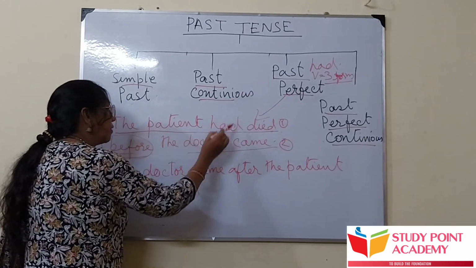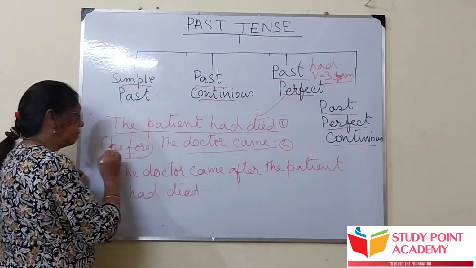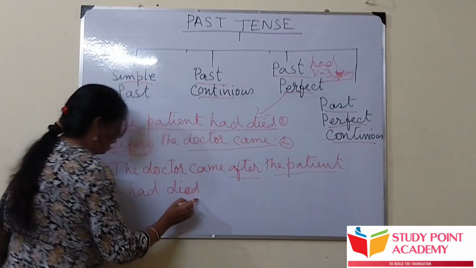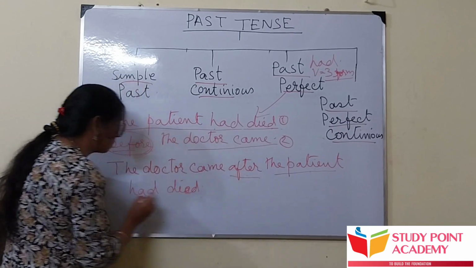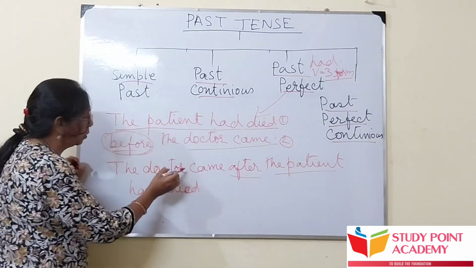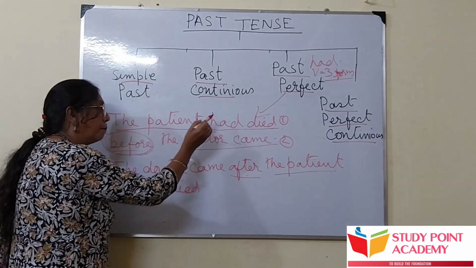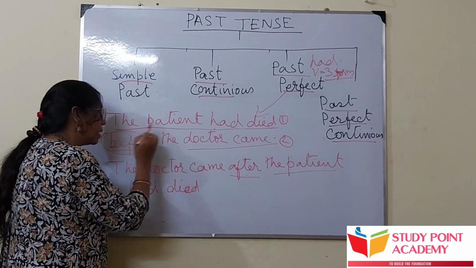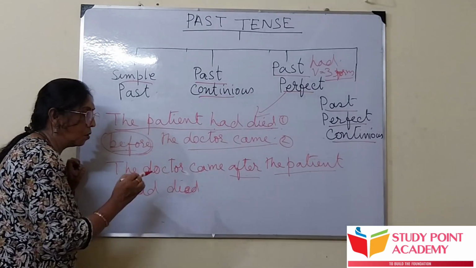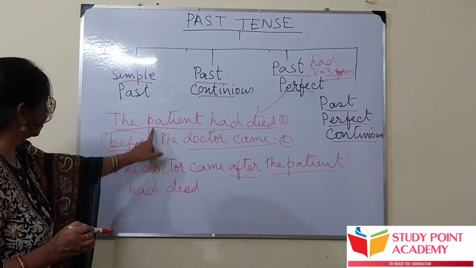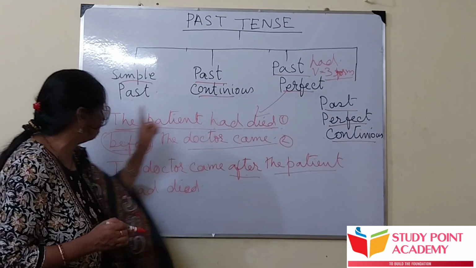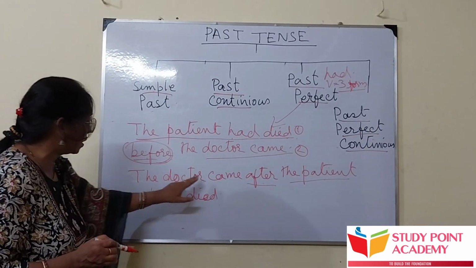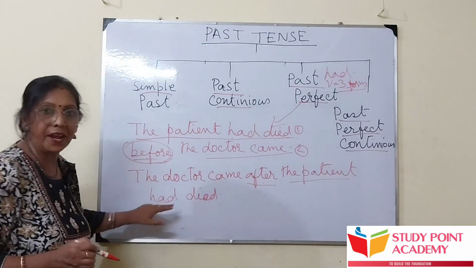The past perfect goes with the action that happened first. The patient had died before the doctor came; in another way, the doctor came after the patient had died.